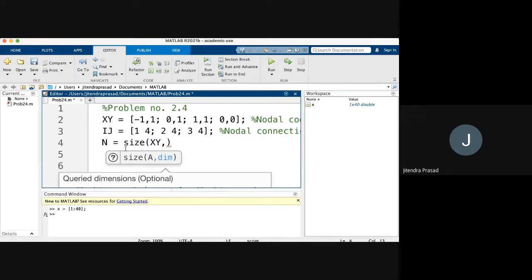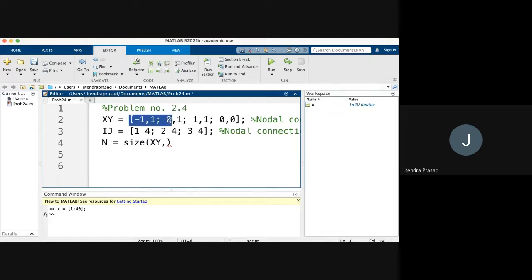If you look at this one, this is for node number 1, this is for node number 2, node number 3, and node number 4. The size of xy is 4 by 2.